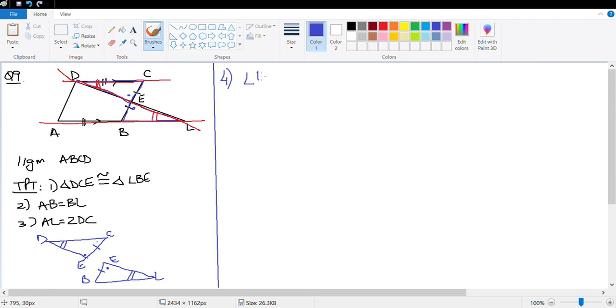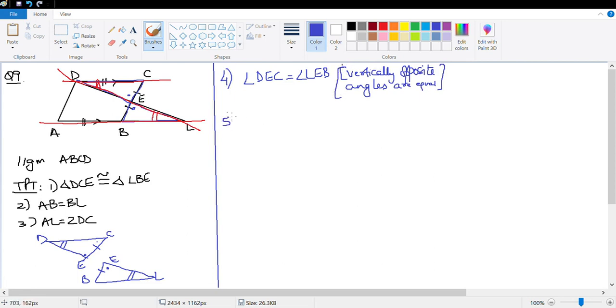Angle BEC is equal to angle LEB. Vertically opposite angles are equal. So that's the reason for this angle to be equal.